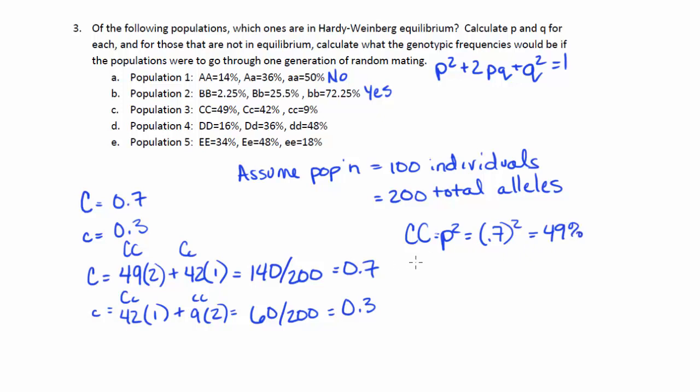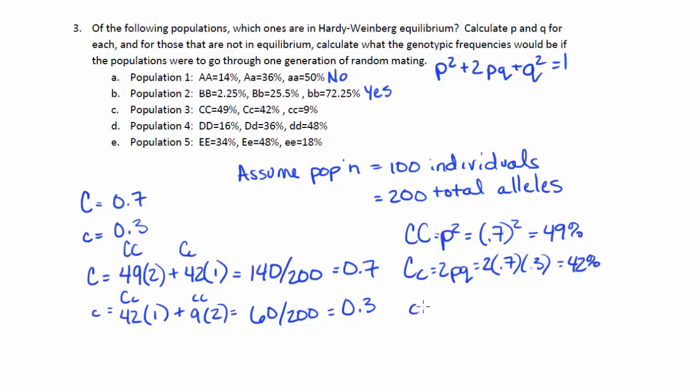That looks good. If we look at the heterozygous ones, this is 2pq, so we've got 2 times p, which is 0.7, times 0.3. If we multiply this out, we're going to get 42%.